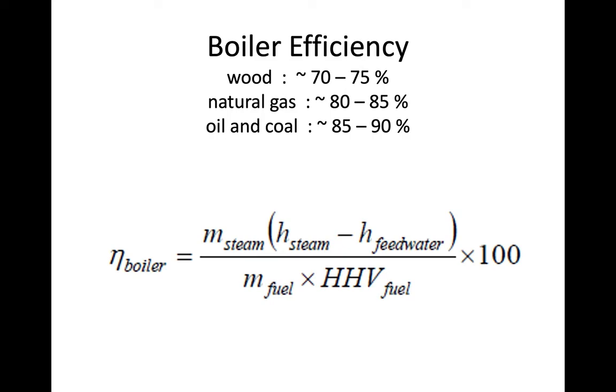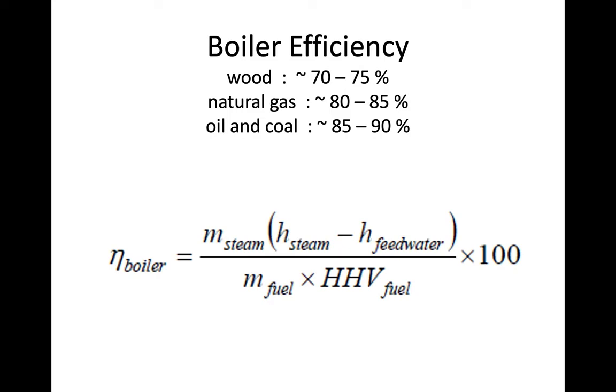Boiler efficiency is the ratio of useful energy, which we can calculate by m steam, the flow rate of steam, multiplied by delta enthalpy, which is the enthalpy of steam minus the enthalpy of feed water to the boiler.